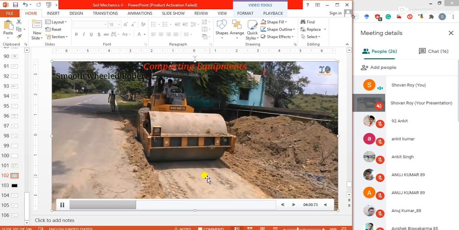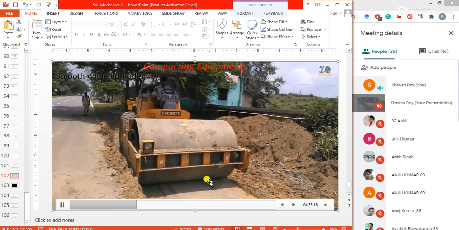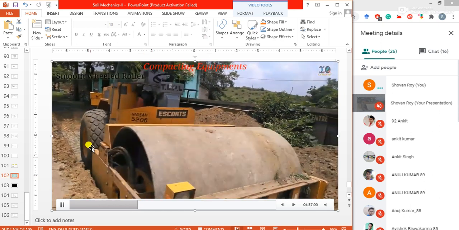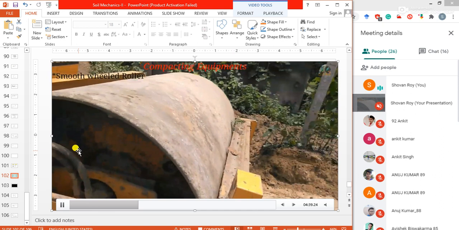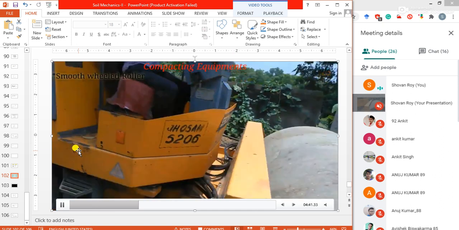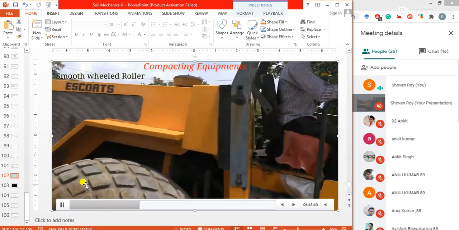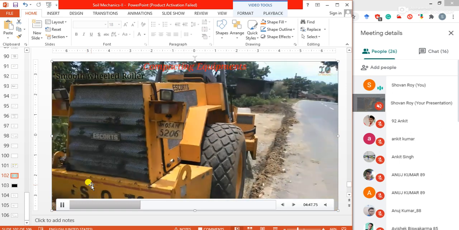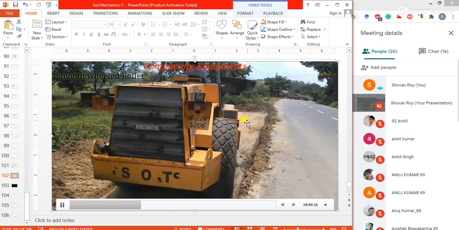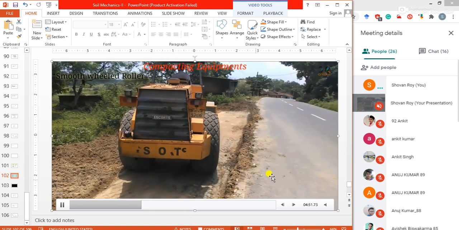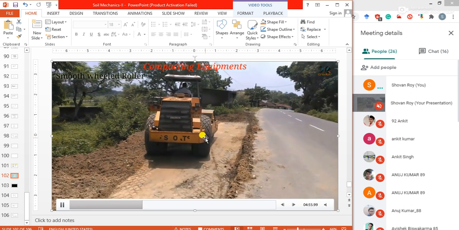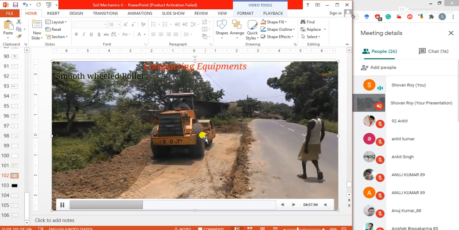These rollers can be used for compaction, but you have to spray some water before rolling on the soil. Without water, if you roll, then it is not useful to us, because only by adding some water to the soil can the required density be achieved.